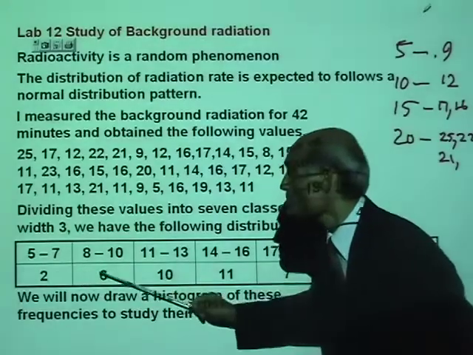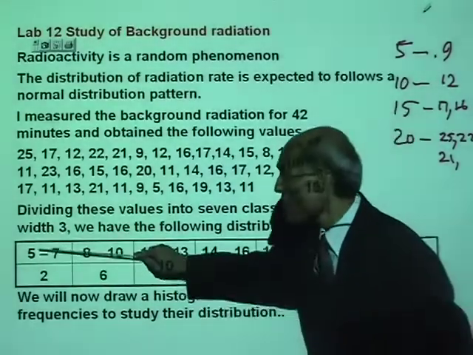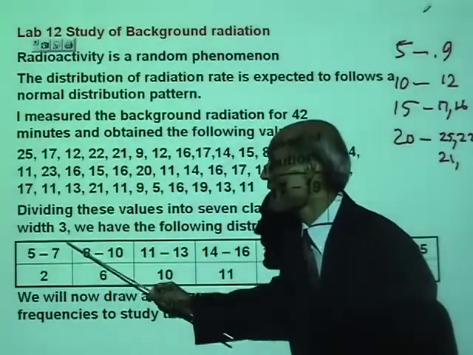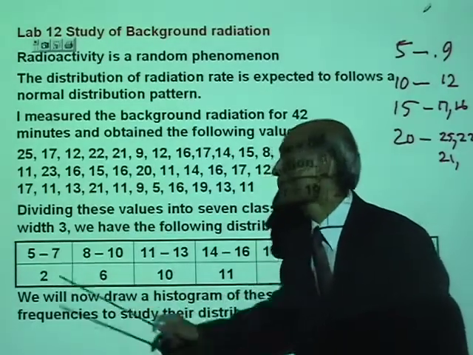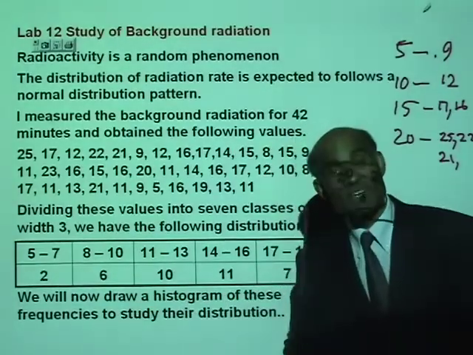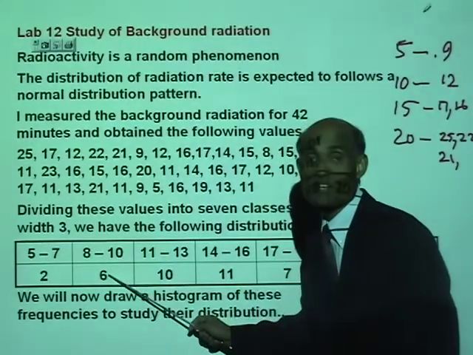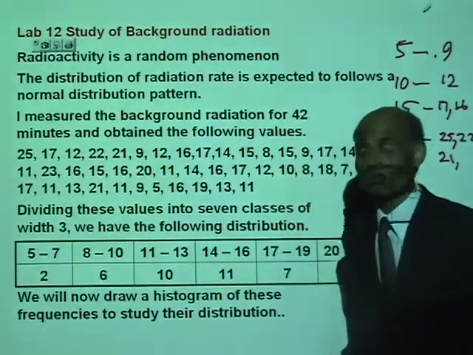These numbers are called the frequencies, and these are called the classes. My class 1 is 5 to 7. There are 2 values in that category. 8 to 10, there are 6. So 6 is called the frequency of that class.